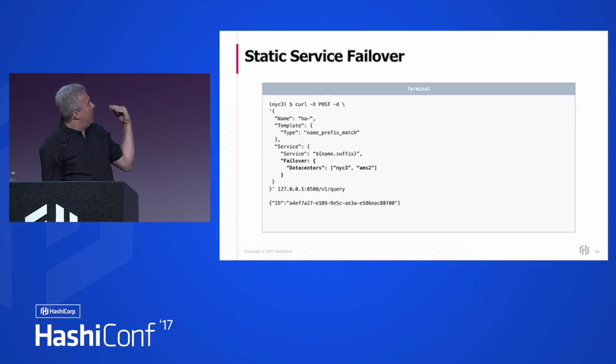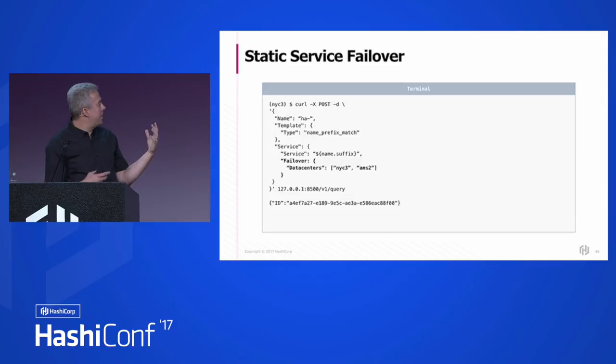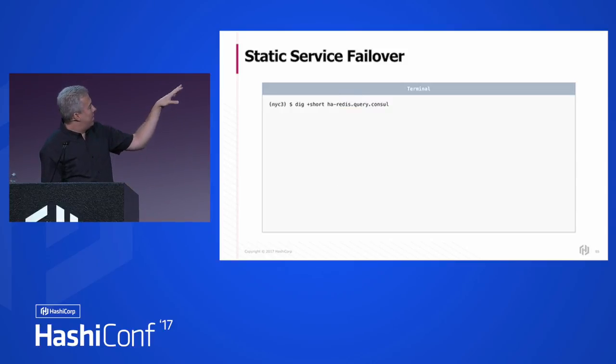And this is an interesting example. If I've got a federation, and for this use case, we have our 2 data centers, I can create this query and say that if you don't find it in New York, try looking for it in Amsterdam. And this is a query template, so it applies to any DNS lookup that's in the .query.consul namespace.